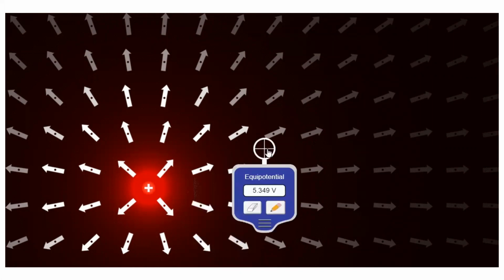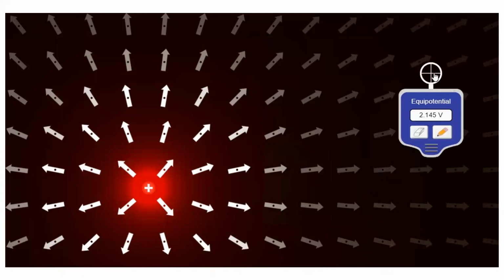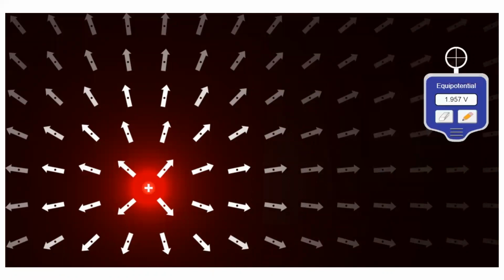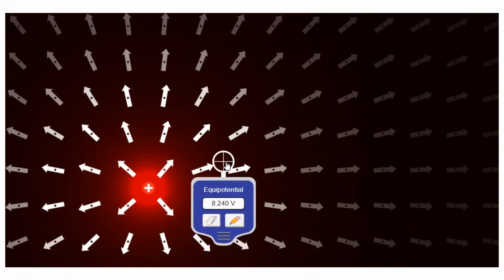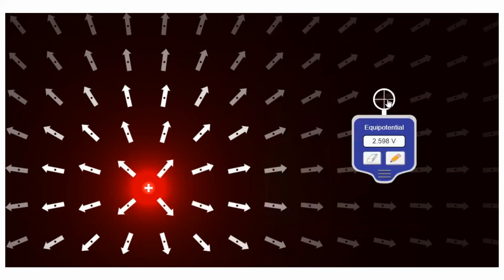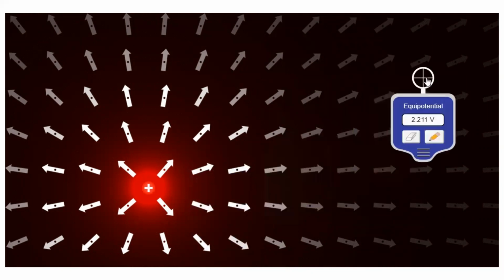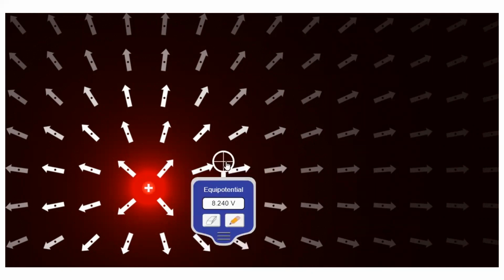For example, if we have 2 points in space, point A is closer than point B, the strength of the electric field at point A is greater than at point B. You can see here in this GIF that the electric field detector detects the value of the electric field to grow smaller and smaller as it moves farther and farther away from the positive source.